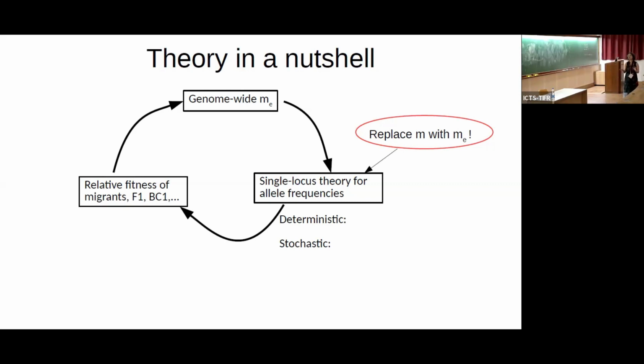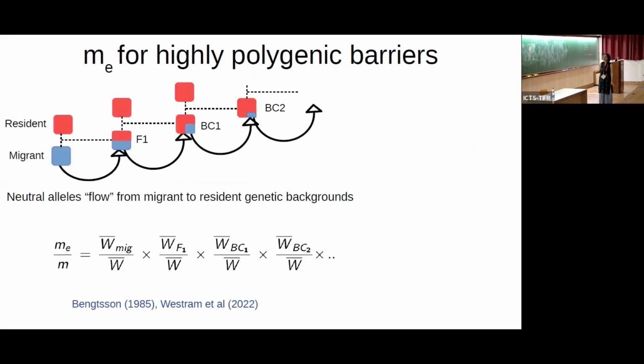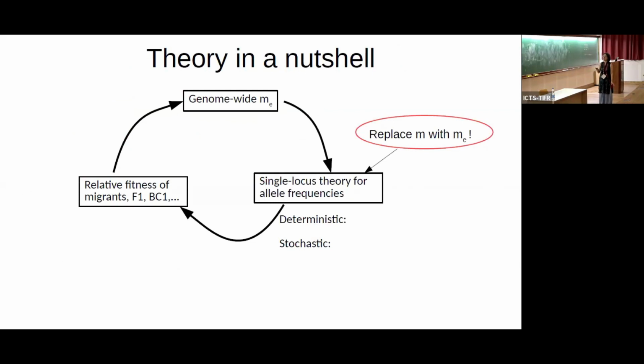So the basic idea of this sort of analysis then is to calculate these things self-consistently. So I ask, if I knew what the relative fitnesses of all these individuals was, I could just calculate the genome-wide ME, not in the vicinity of a selected locus, but anywhere sufficiently far. And using this formula, if I knew ME, what I'm going to do, and this will sound a bit ad hoc, is we know how any single selected locus behaves.